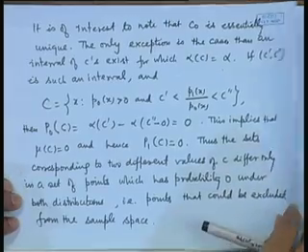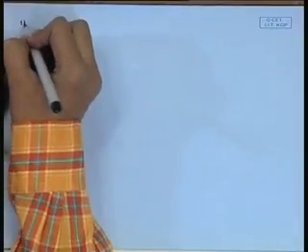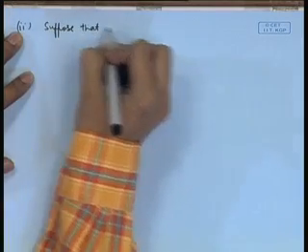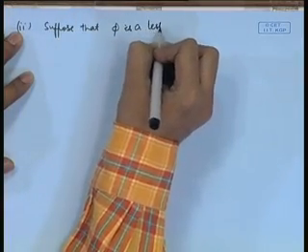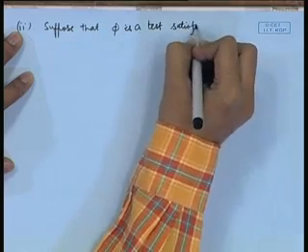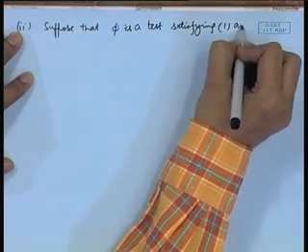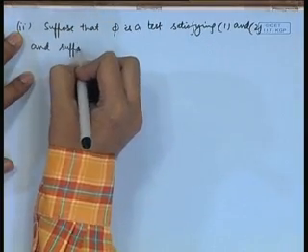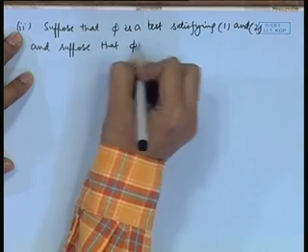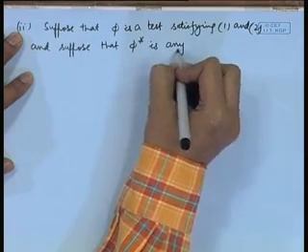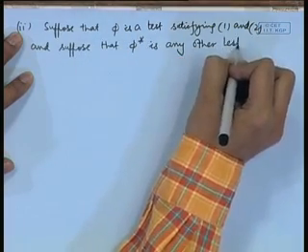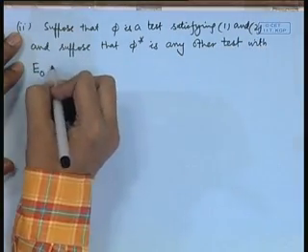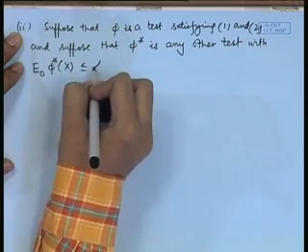Now, let us pay attention to the sufficiency part. So, suppose that phi is a test satisfying 1 and 2, and suppose that phi star is any other test with, say, expectation of phi star less than or equal to alpha.